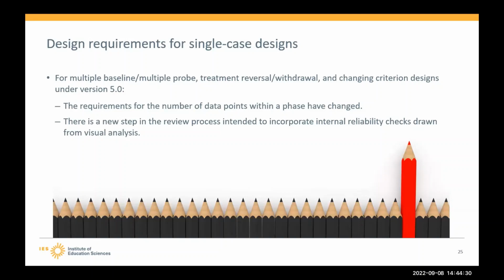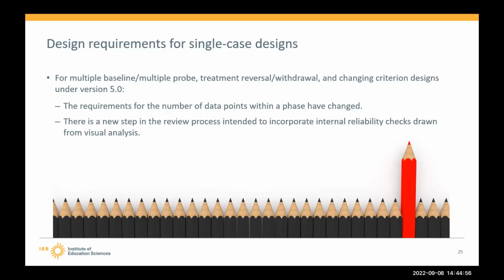And finally, the 5.0 handbook now also includes changes related to the design assessment step in single case design study reviews. So for multiple baseline, multiple probe, treatment reversal withdrawal, and changing criterion designs, the number of required data points within a phase for a study to be able to achieve that highest possible research rating has now changed.